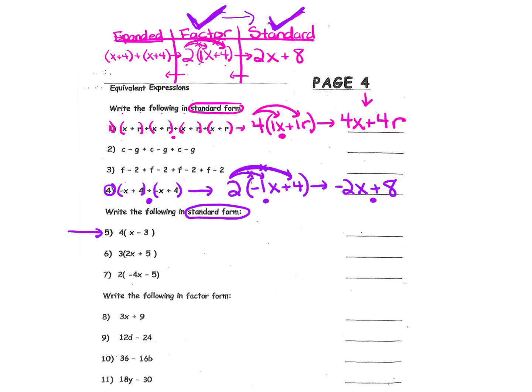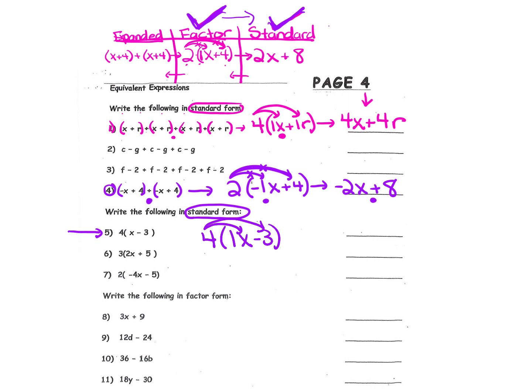So in the work area, write 4 times the quantity 1x minus 3. Make sure you draw your arrows to indicate that you're multiplying using the distributive property.